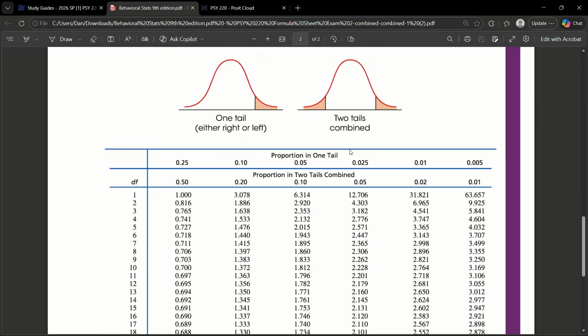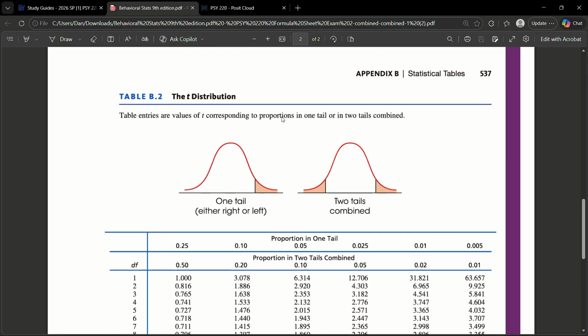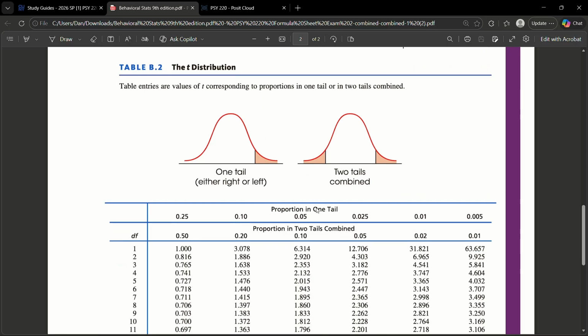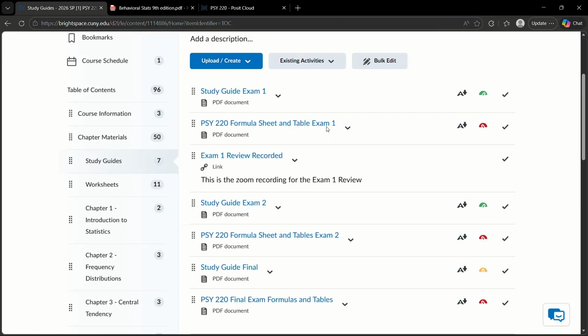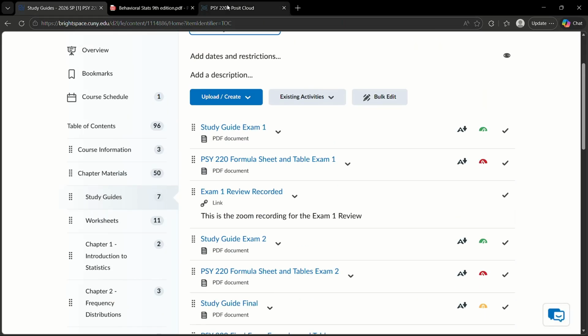Looks like this. T distribution. So we have on the top row one-tailed alpha values, and on the second row, we have two-tailed alpha values. So in this case, we're doing two-tailed, non-directional, and we're using alpha of 0.05, I believe. Let's take a look at the problem again.